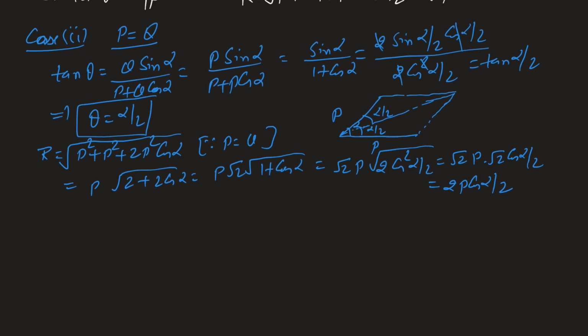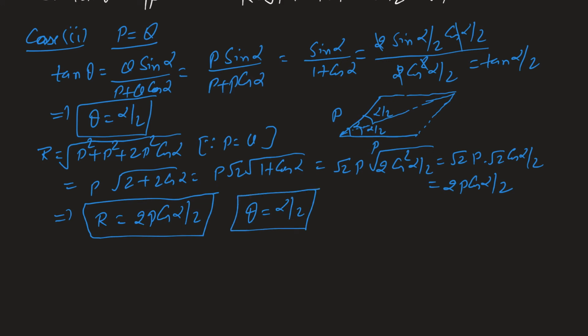So this implies that resultant will be 2P cos alpha by 2 and theta will be alpha by 2. So this will be the information of the resultant in this particular case.